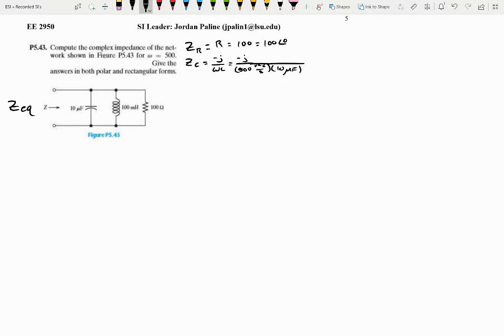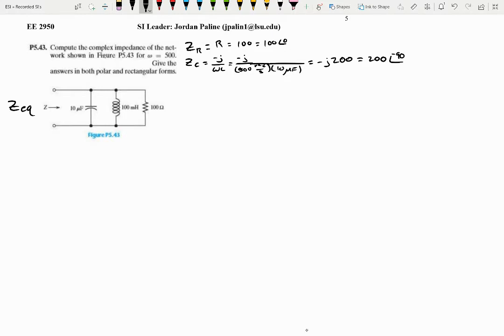Looks like these are the same values as last time, so we'll save ourselves a little bit of work there. So we get negative j 200, which is the same thing as saying 200 at angle negative 90 degrees.